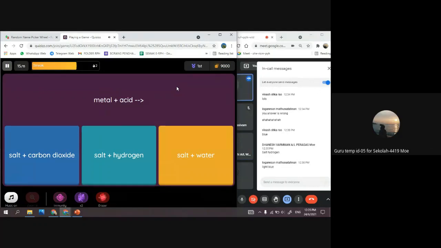Salt plus, ada yang jawab salt plus hydrogen. Okay, betul. Jawapannya salt hydrogen. And remember, if metal reacts with acid, it will produce hydrogen gas, right? So hydrogen plus salt lah. Okay, betul Danesh? Hydrogen, okay betul.